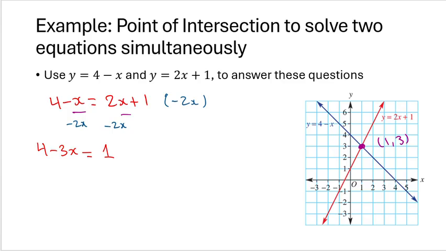The reason why it's negative 3x is because over here, this is technically a negative 1 in front, okay? Negative 1x. So negative 1 minus 2, just like that. Next, I'm going to subtract 4 from both sides.